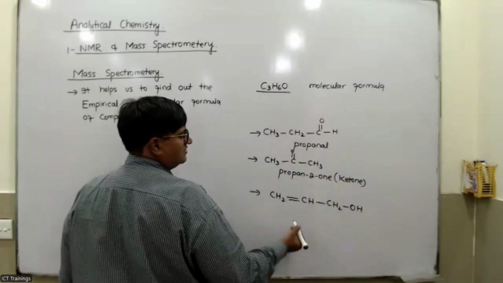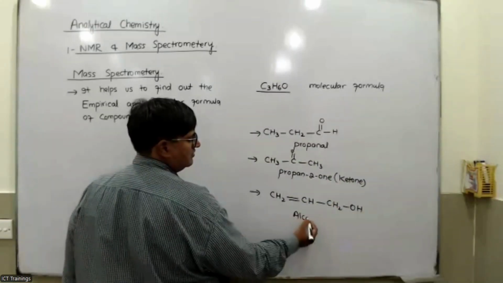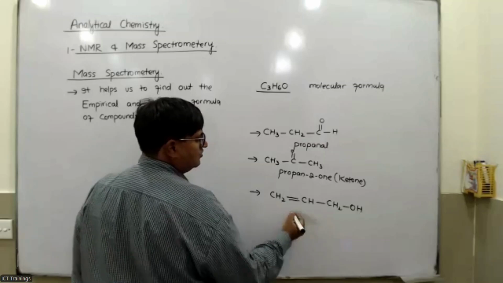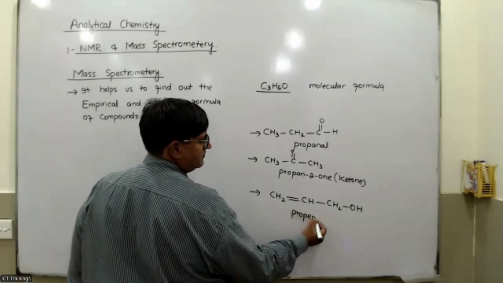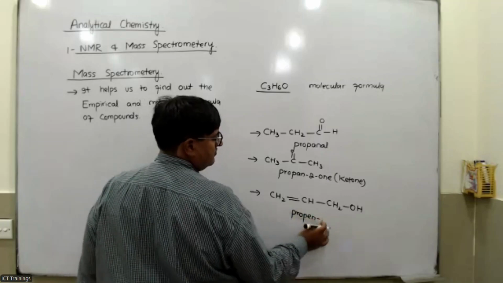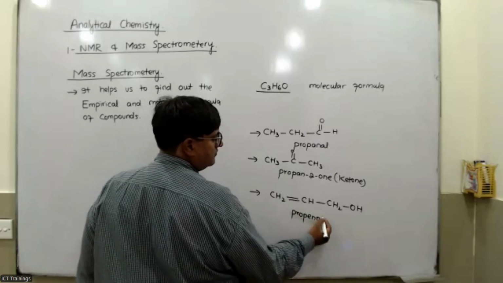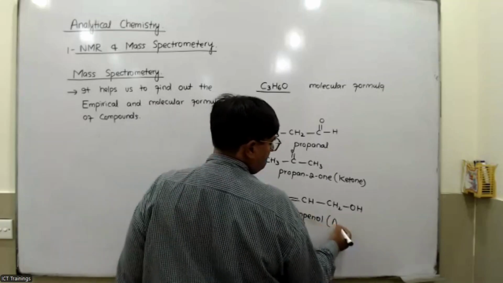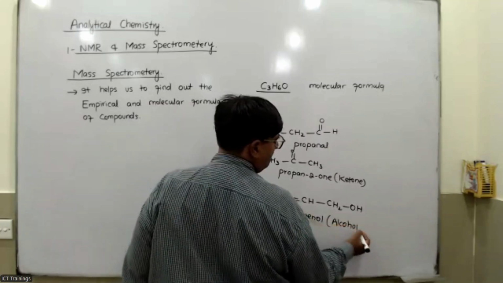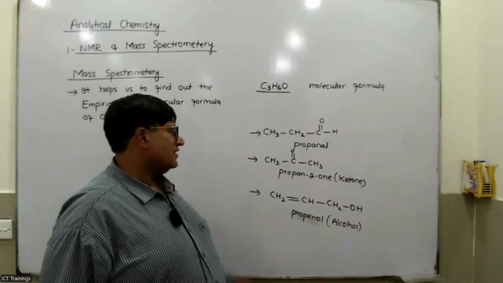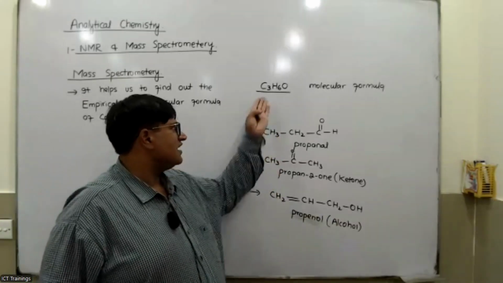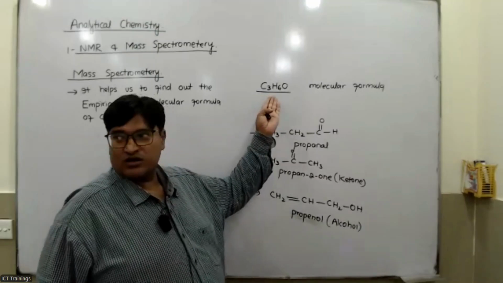So this is the alcohol, propenol. It has the double bond as well as the OH group in it. So these three structures have the same molecular formula.